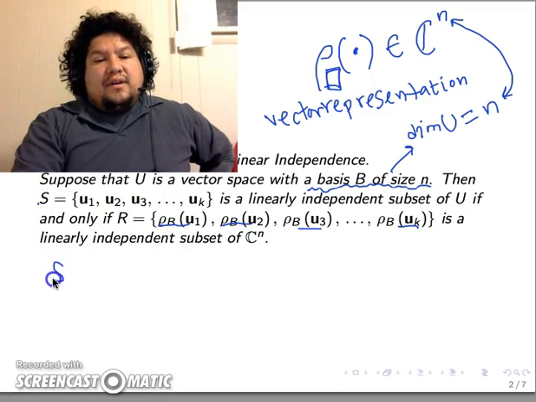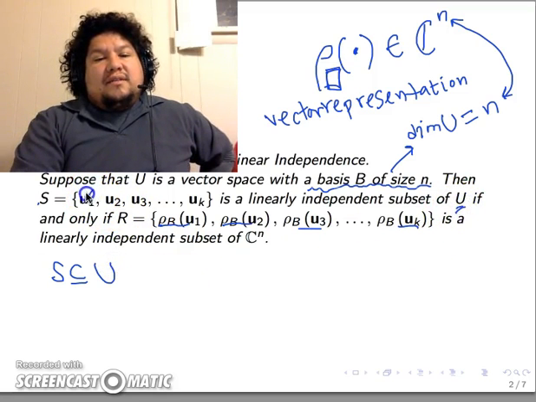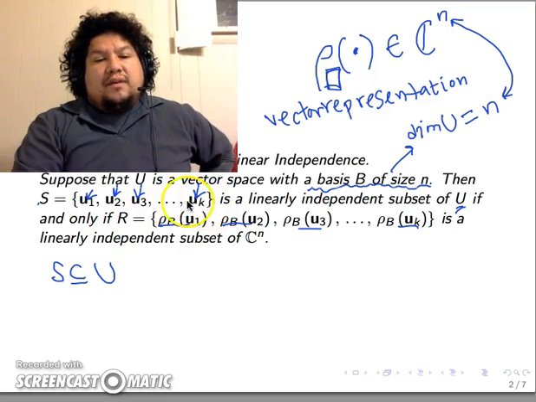So here S is assumed to be a subset of the vector space U, and this subset has members that are labeled or numbered from 1 through k. So S has k members.